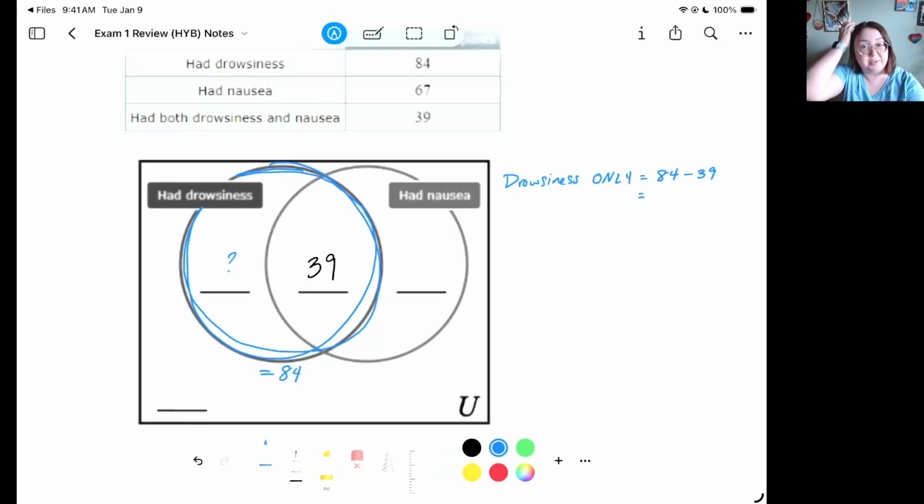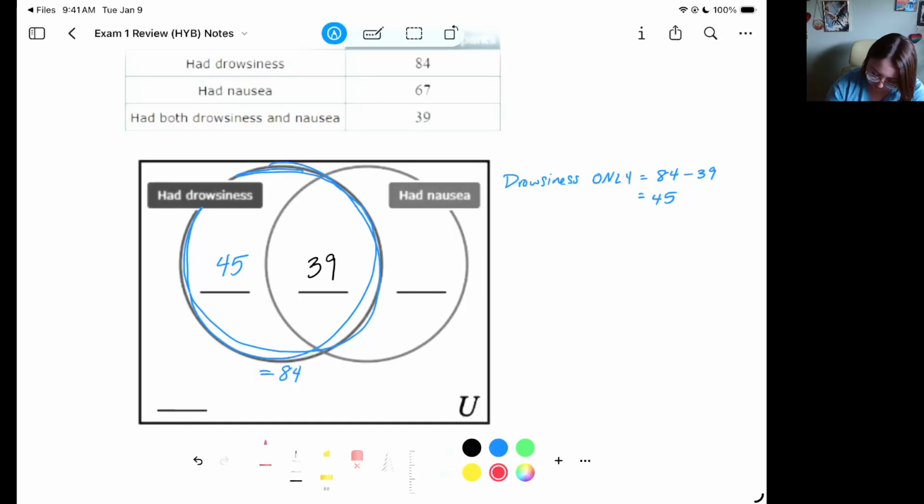So we use a calculator or brains, whatever. And we would get that 45 people had only drowsiness. And if we add them together, 45 plus 39 equals 84. So that checks out. 84 people in total reported having drowsiness, but 39 of them also had nausea.